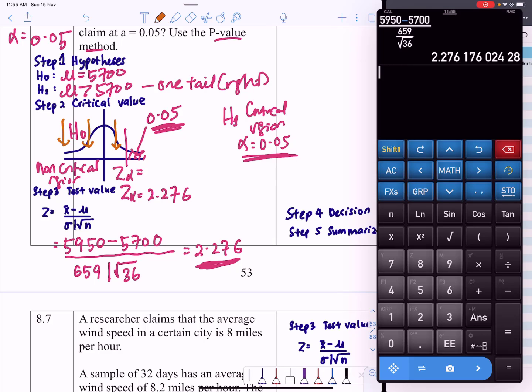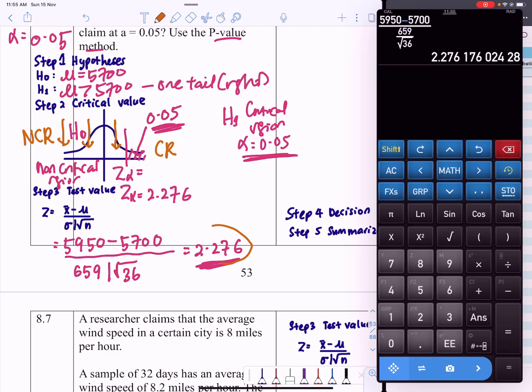But if we get lesser than 0.05, it falls on the alternate hypothesis, the critical region. This one is the critical region, this one is the non-critical region.